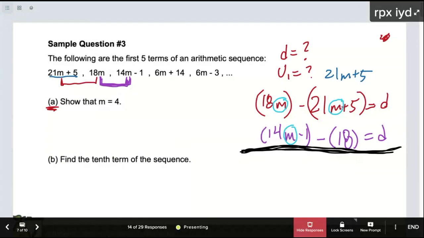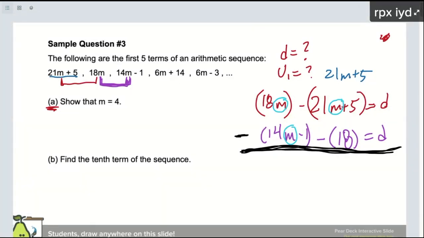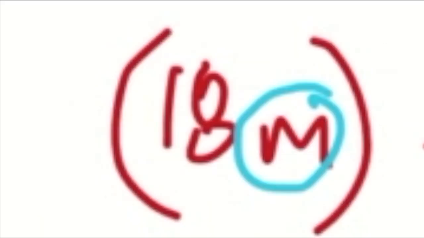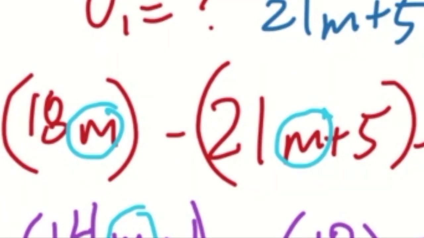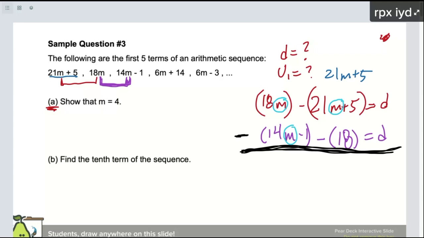What I'm going to do is subtract. But before I do that, I can go ahead and combine the like terms here. So I can do 18m minus 21m and then plus 5. If I simplify that, 18m minus 21m would be negative 3m, and then I have minus 5. So I'm going to change that to negative 3m minus 5.